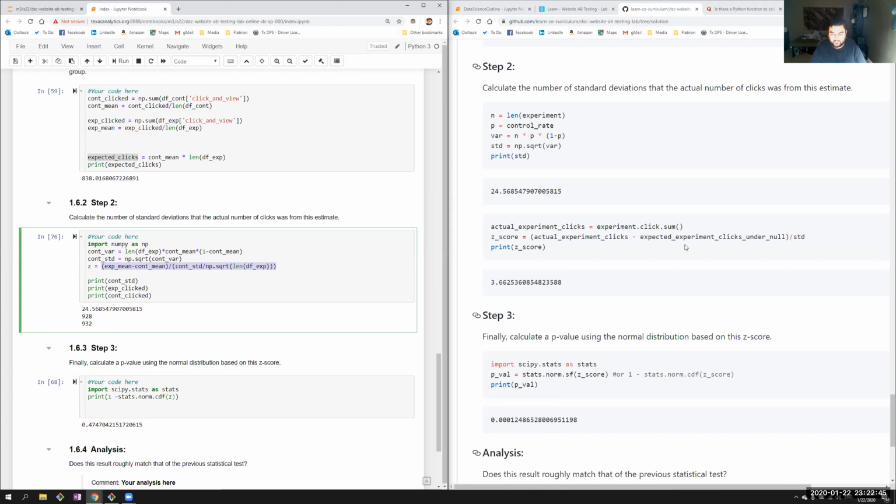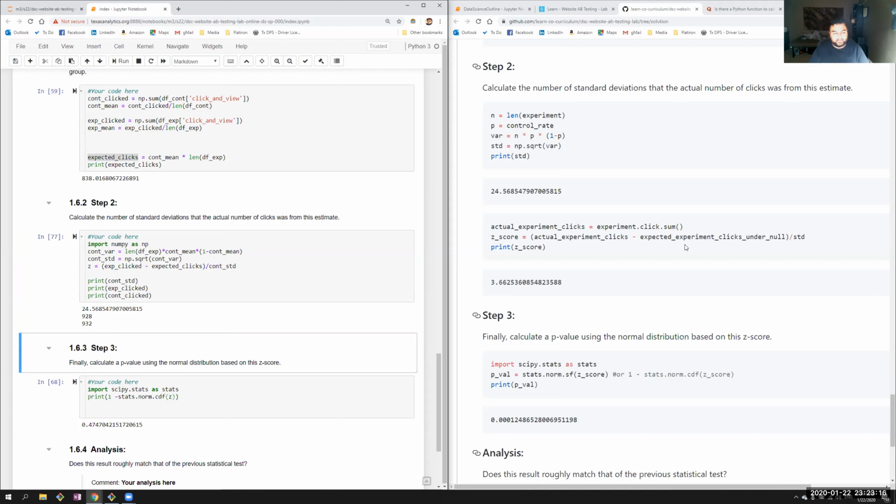In my scenario, that would be experiment clicks minus expected clicks. And we want to divide this by the control standard deviation. We're calling it control standard deviation, but really it should be the experimental standard deviation, but its variables are already there at this point.